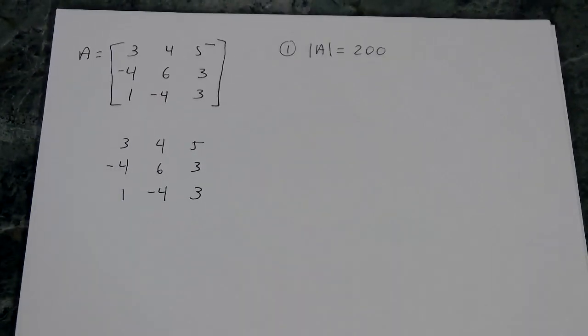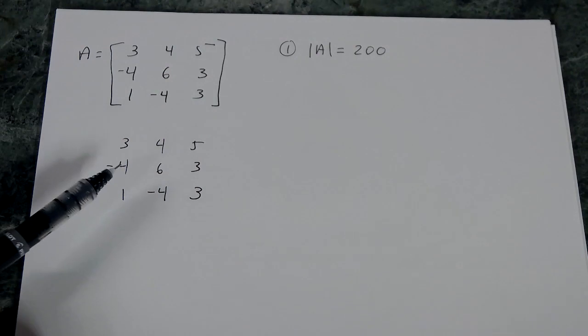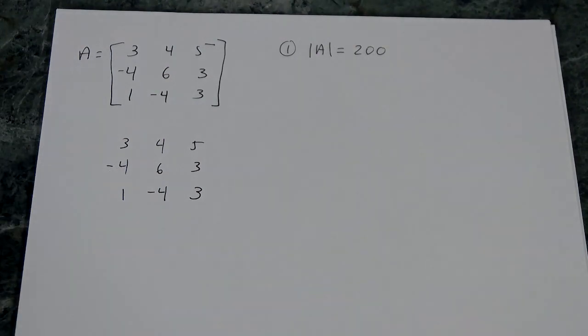All right, again, so find the determinant. After you do that, the first thing is to rewrite the first two columns on the right-hand side, and then rewrite the two rows.